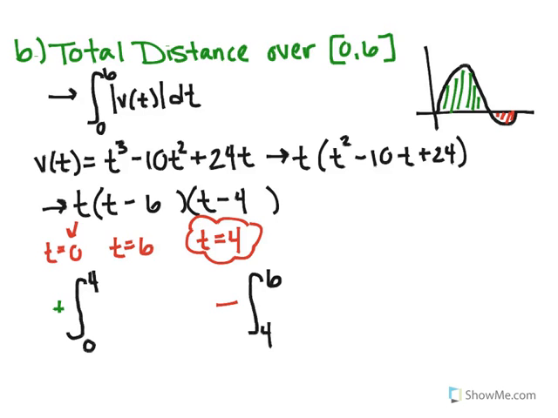Once you have those pieces of information, we can just start rolling through with this. We've already discovered what the integral of this function is, so I'm just going to use some general notation here: v of t dt, v of t dt. For the first part, we plug 0 and 4 into the integral function and subtract the two.